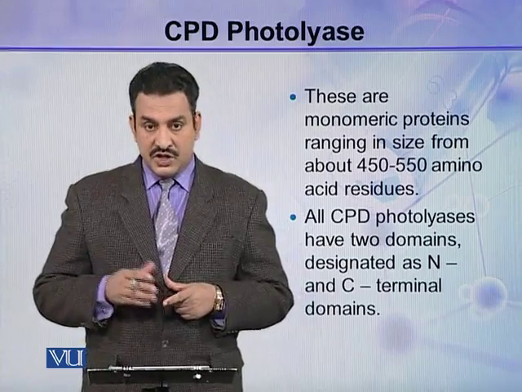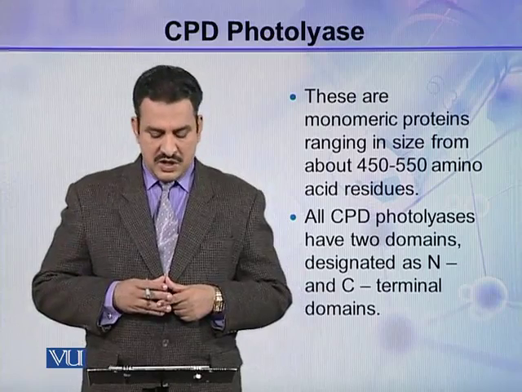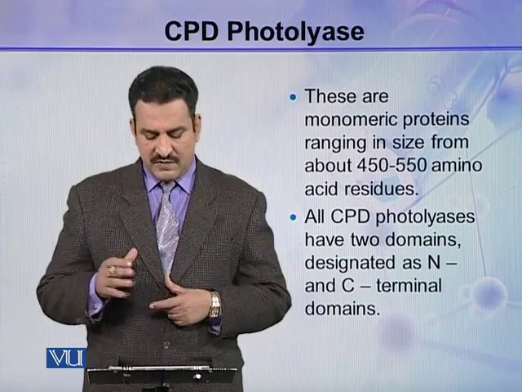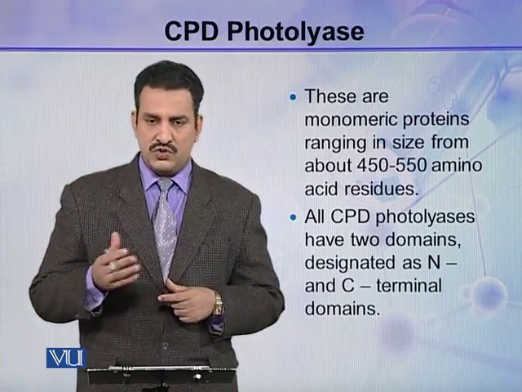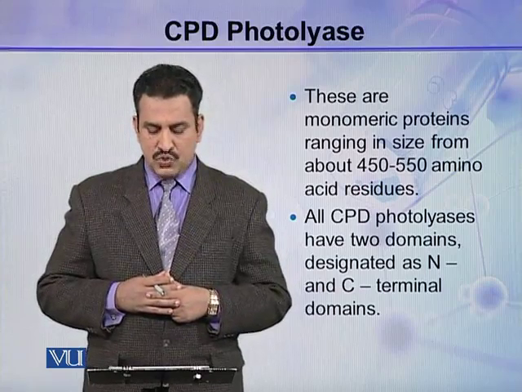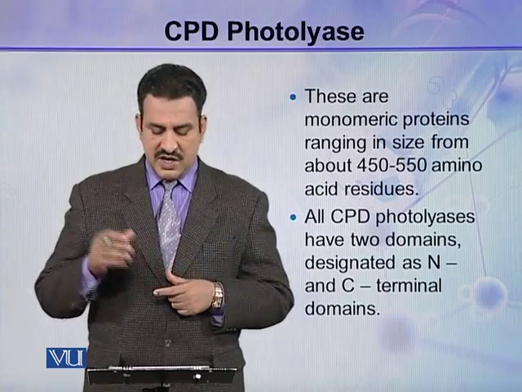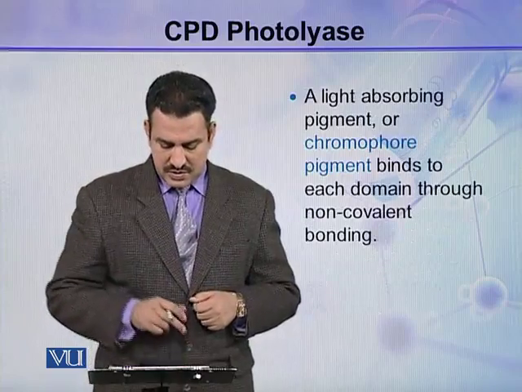These CPD photolyases are monomeric proteins, and they range in size from about 450 to 550 amino acid residues. All CPD photolyases have two domains, designated the N-terminal domain and the C-terminal domain.